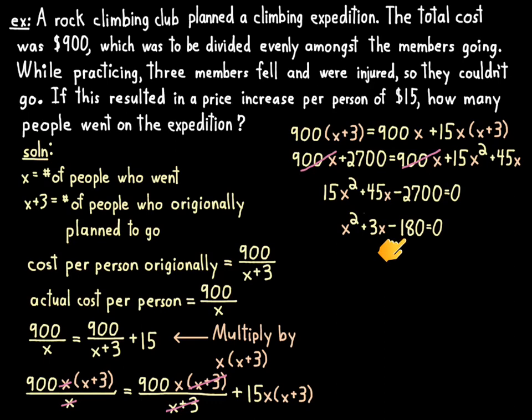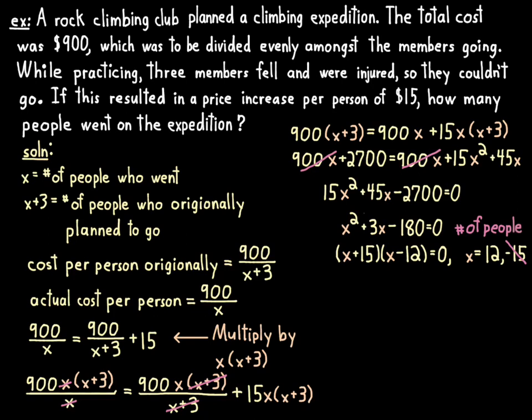So it's kind of too bad it's not 18 and 10, but it's not too much harder than that. It's 15 and 12. It's kind of fun. You divide 2,700 by 15, you get 180. Then divide it by 15 again, and you get 12. Anyway, that equals 0. So one of these is minus 15 and one is 12, right?